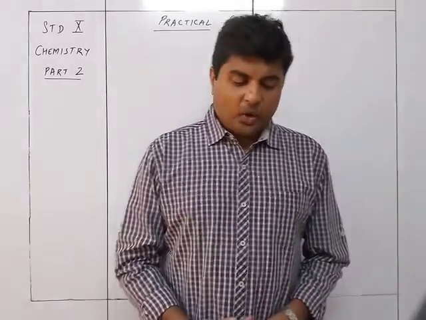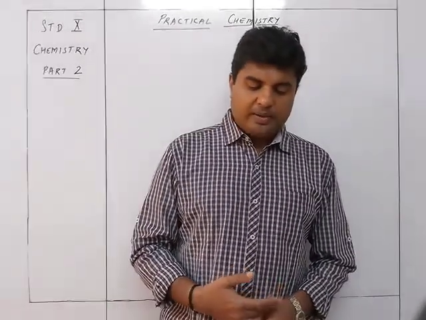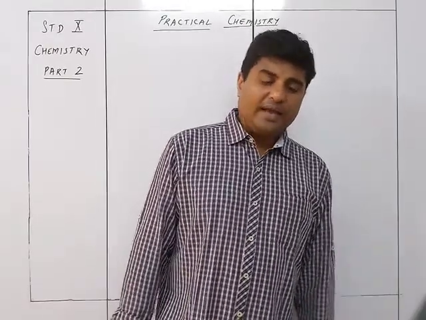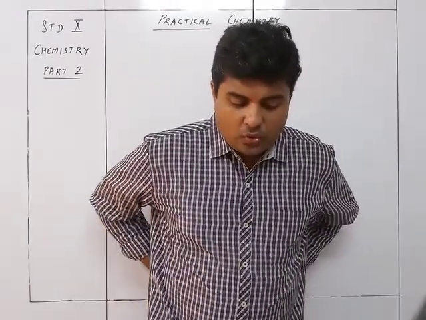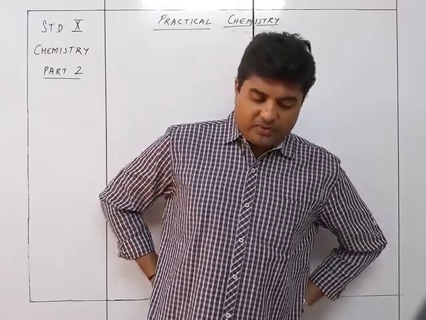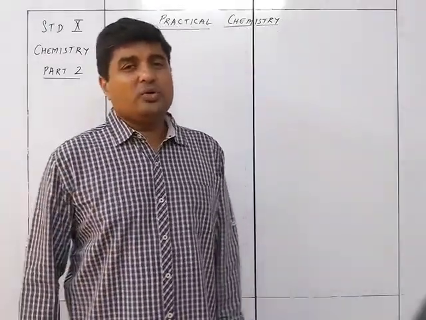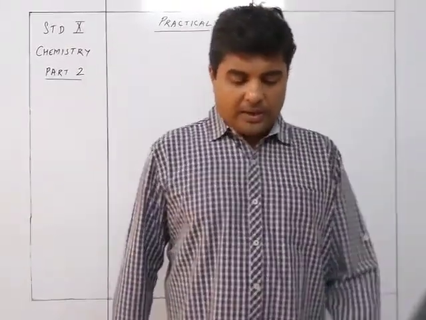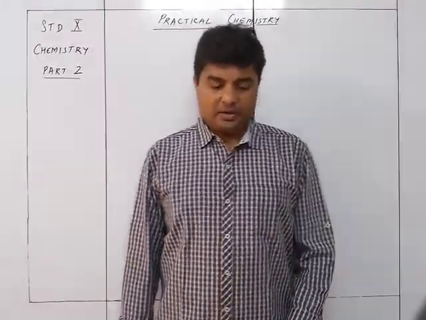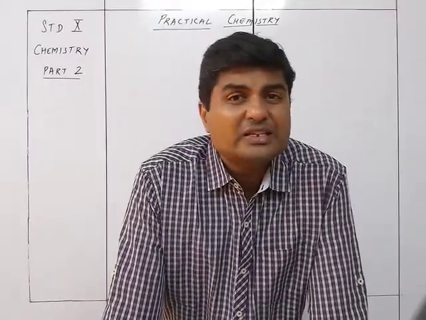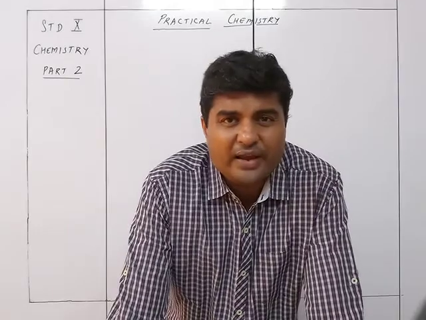Observation-wise, what I am going to write is that when NaOH reacts with Fe2+, that is iron 2 cations, or if I take FeSO4, it gives rise to Fe(OH)2, a dirty green precipitate, which will be insoluble in excess of NaOH.